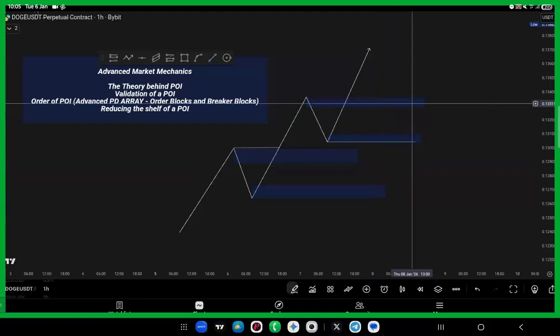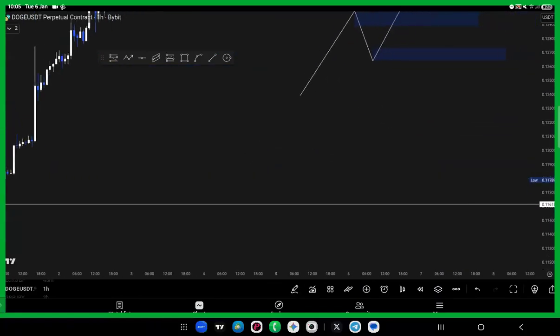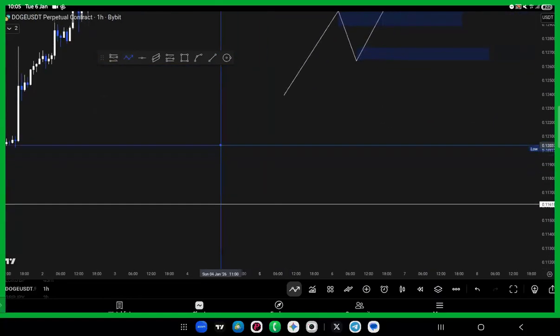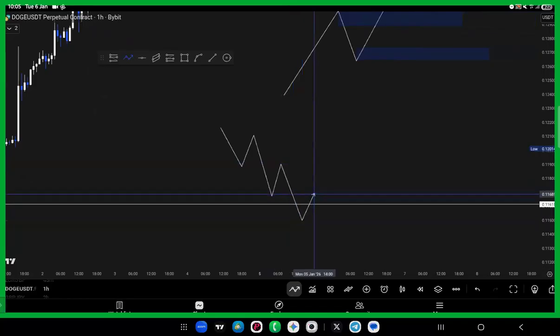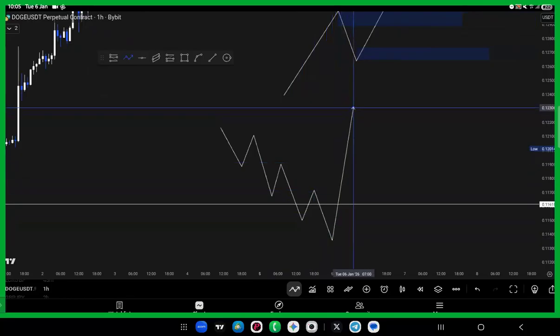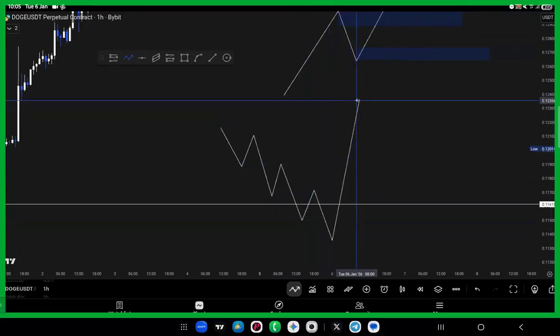Now, let's take, for instance, we have something like this. We all know that this is a downtrend, right? Now, after this downtrend, what happened next was an impulsive move to the upside. This impulsive move, okay, let me just end it here.